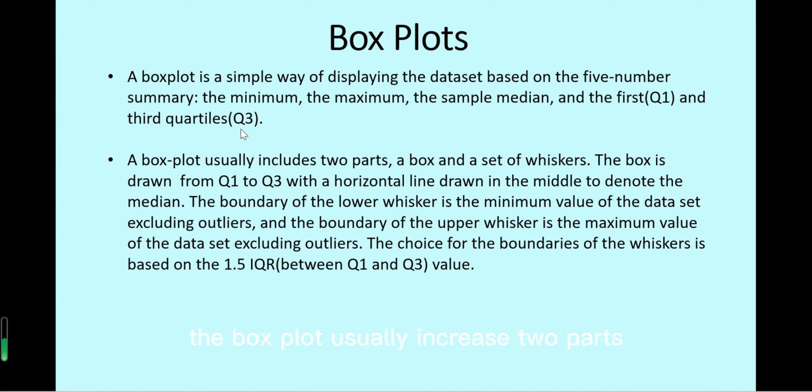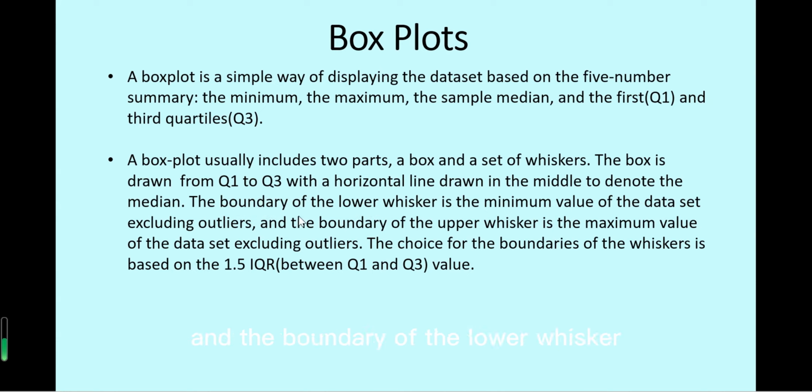So a boxplot usually includes two parts, a box part and whiskers. The box is drawn from Q1 to Q3 with a horizontal line drawn in the middle to denote the median.